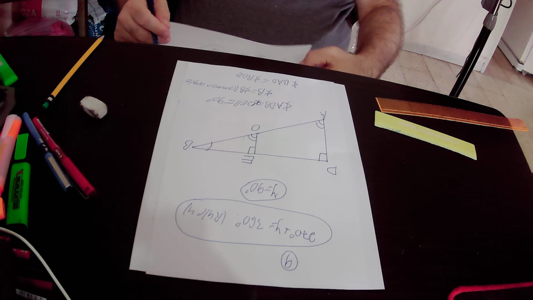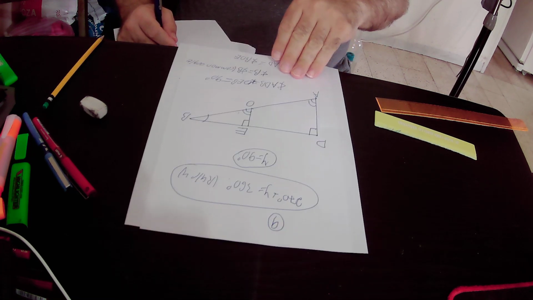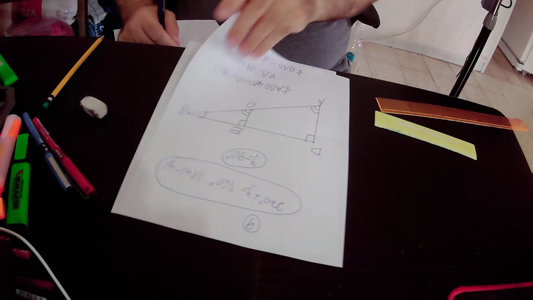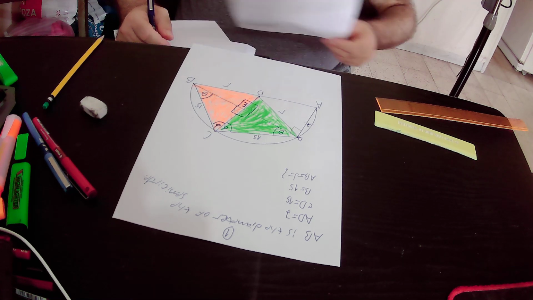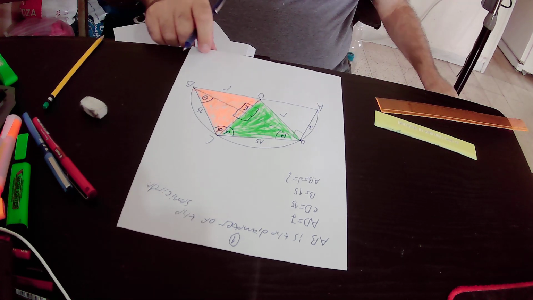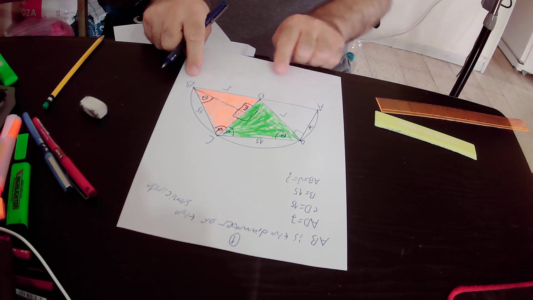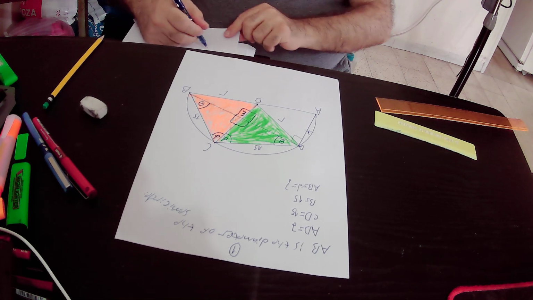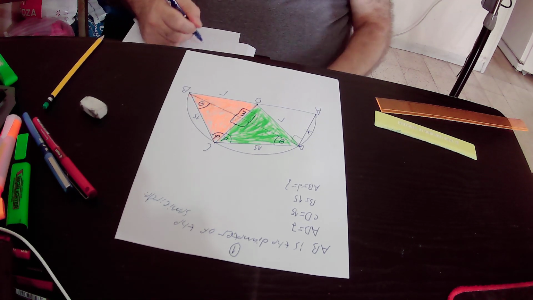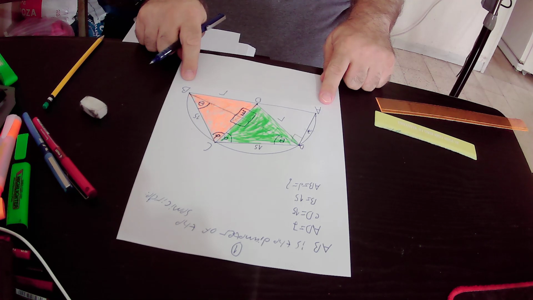Okay, but what is the value of OB? The value of OB is R. What is the value of AB?